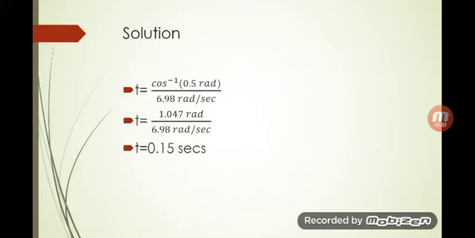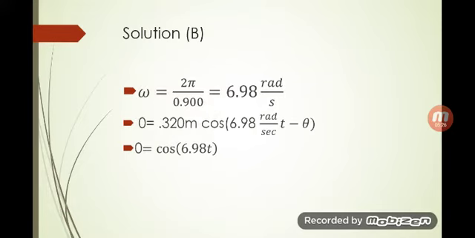You need to understand that before plugging this in, you need to convert it to radians, because if you put this in degrees, it will give you 60 degrees instead of pi over 3. Keep that in mind. So 1.0427 rad over 6.98 rad per second gives us 0.15 seconds.